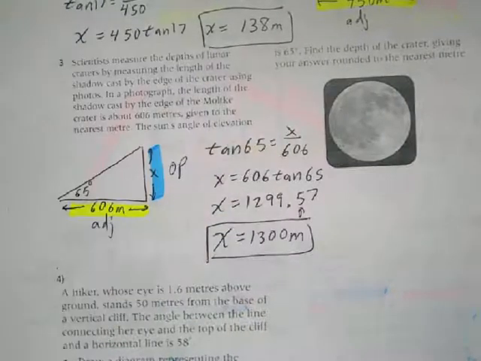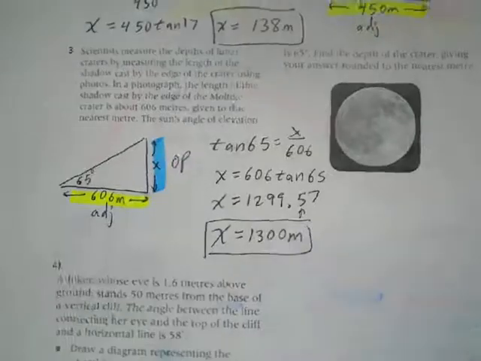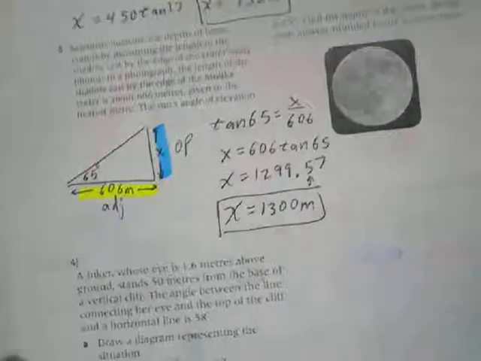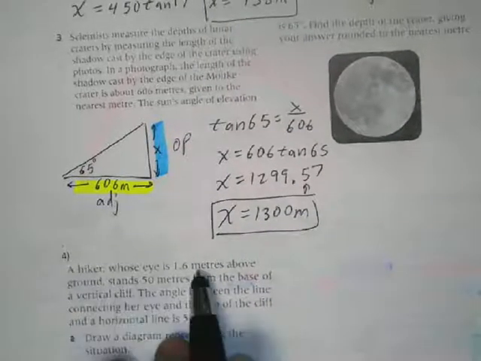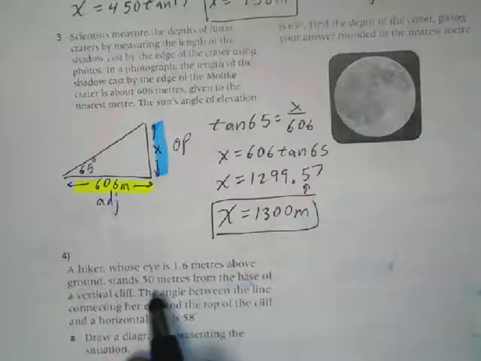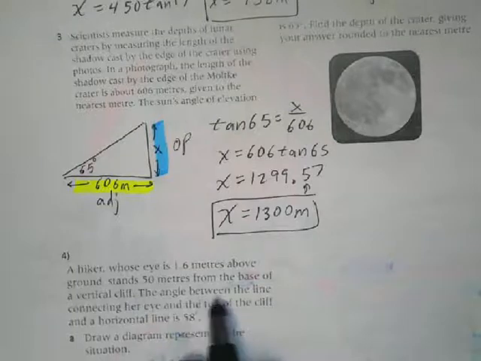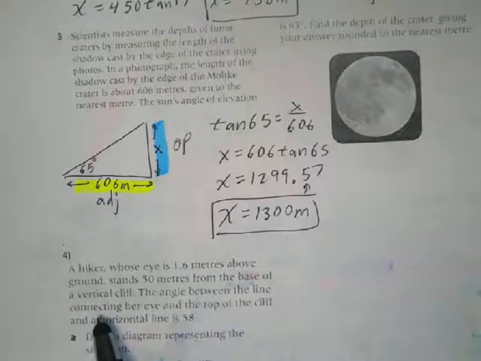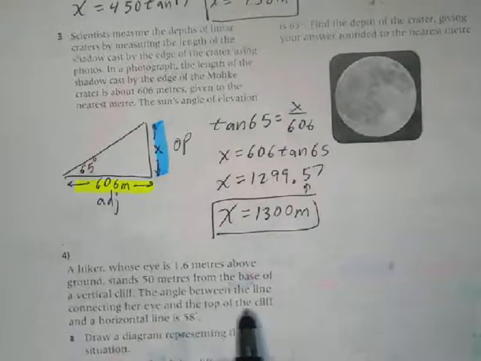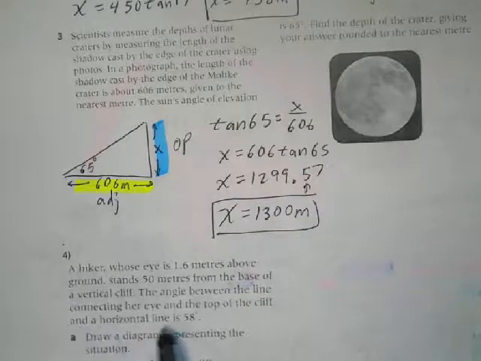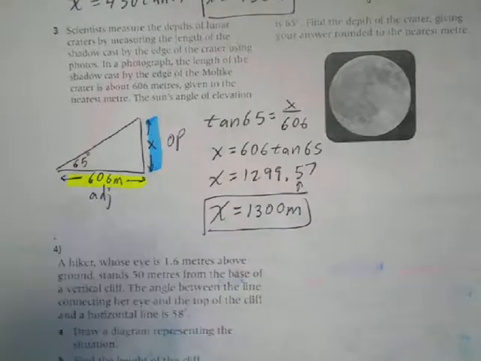All right. Number 4. We're almost done. A hiker whose eyes are 1.6 meters above the ground stands 50 meters from the base of a cliff. The angle between the line connecting her eye and the top of the cliff and a horizontal line is 58 degrees. So here we are.